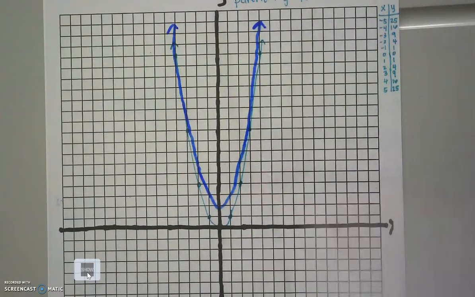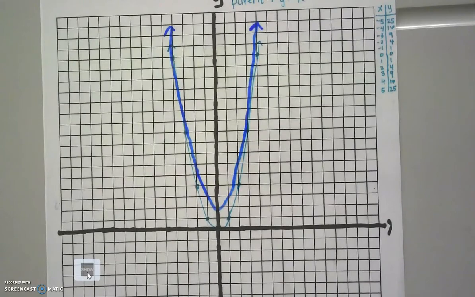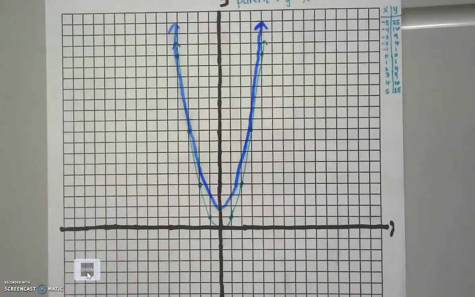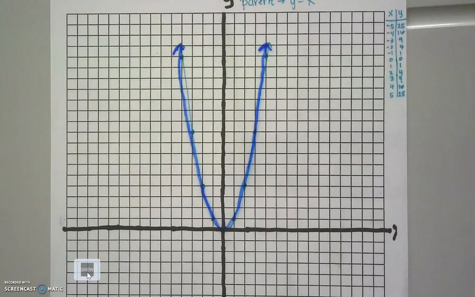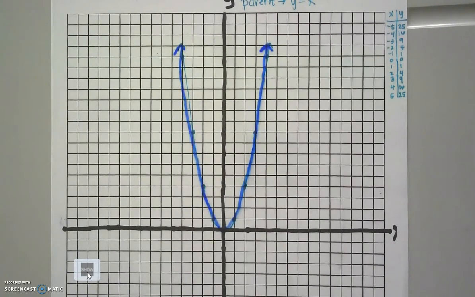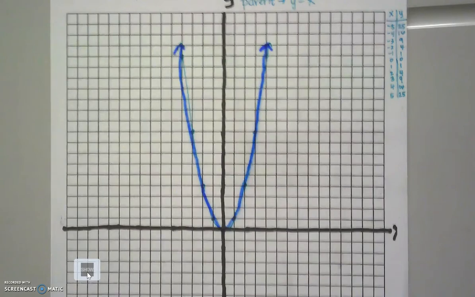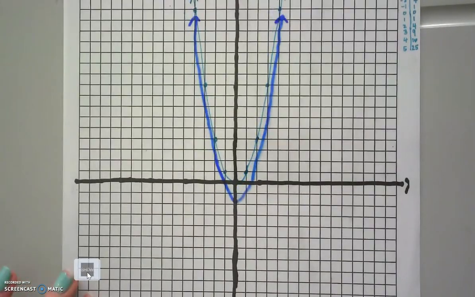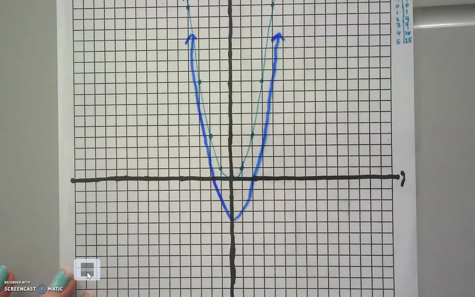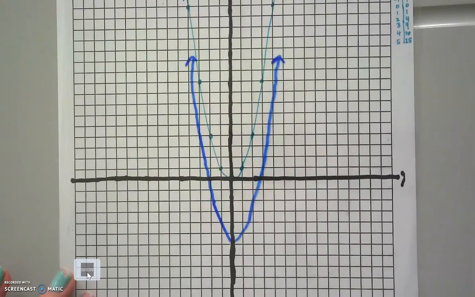So let's go back to the beginning here. If I said I wanted to move this parent function down 6, I'll move this thing down 1, 2, 3, 4, 5, 6.